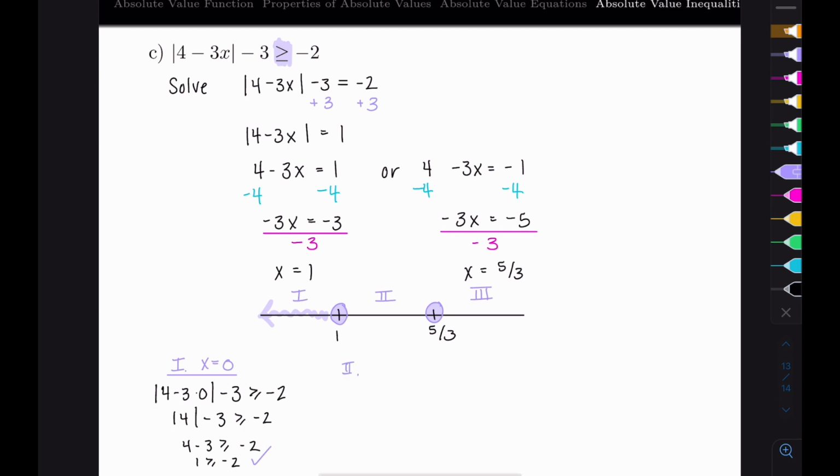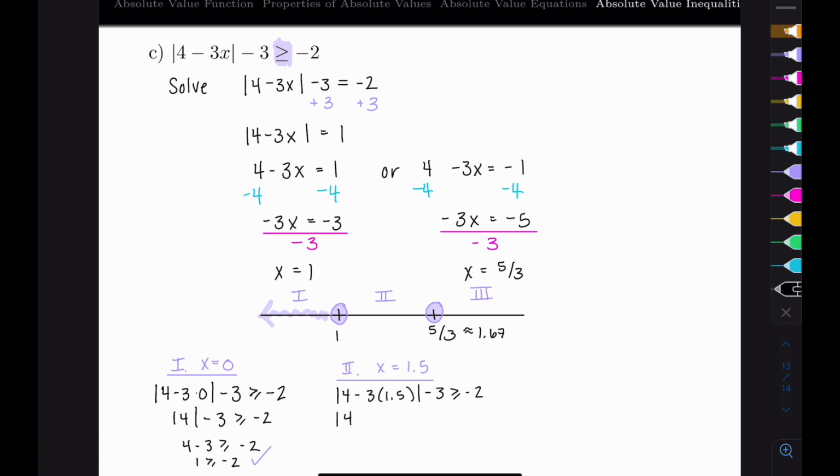If I move on to interval 2, a number that falls between 1 and 5/3, unfortunately, is not going to be a pretty number. 5/3 is about 1.67, 1 and 2/3. So I'm going to have to pick a decimal. Let's pick 1.5. That would fall between 1 and 1.67. So this would be the absolute value of 4 minus 3 times 1.5, minus 3, needs to be greater than or equal to negative 2.